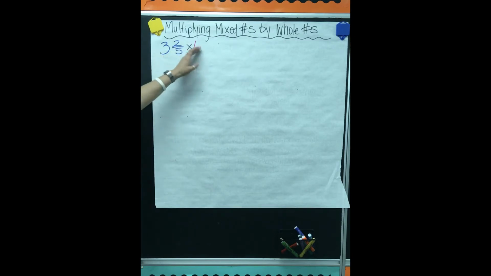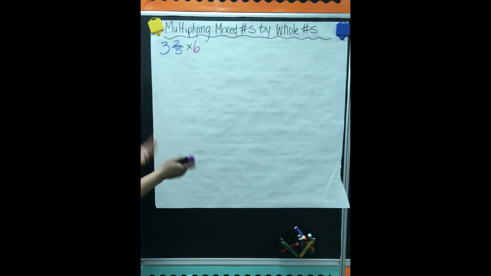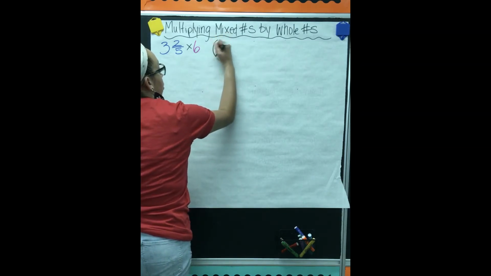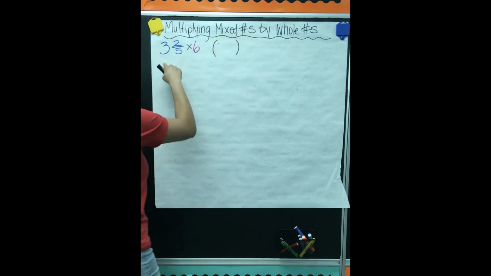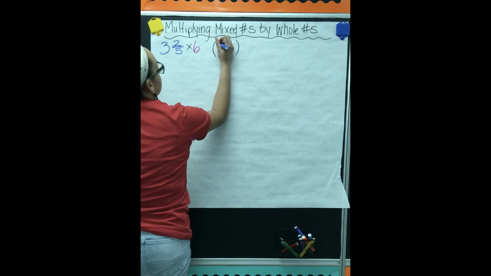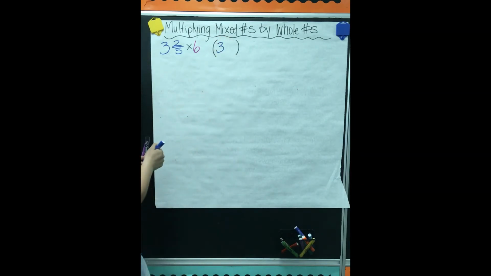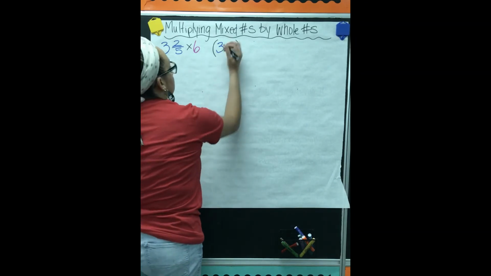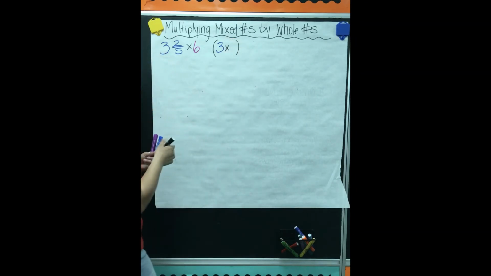I multiply my whole and then I'm also multiplying my tenths. So we're doing the same sort of thinking that we do when we're talking about numbers in base 10. So we have to split this up. So we're going to pull out the whole number from our mixed number, which is going to be 3. And we're going to multiply it times 6.